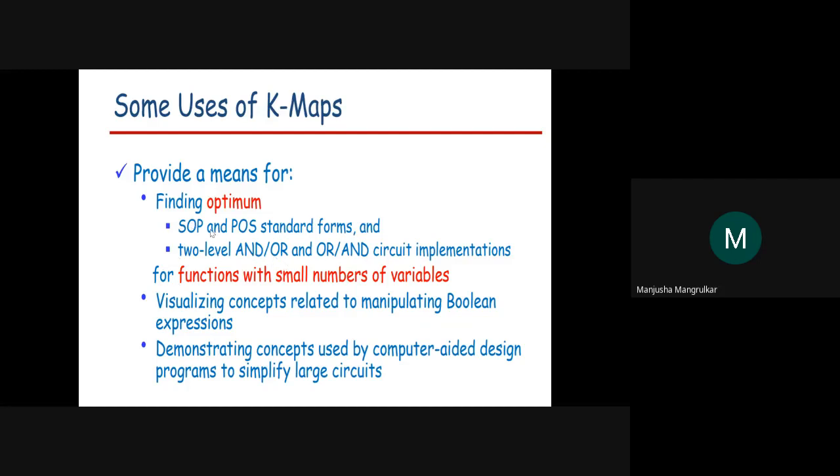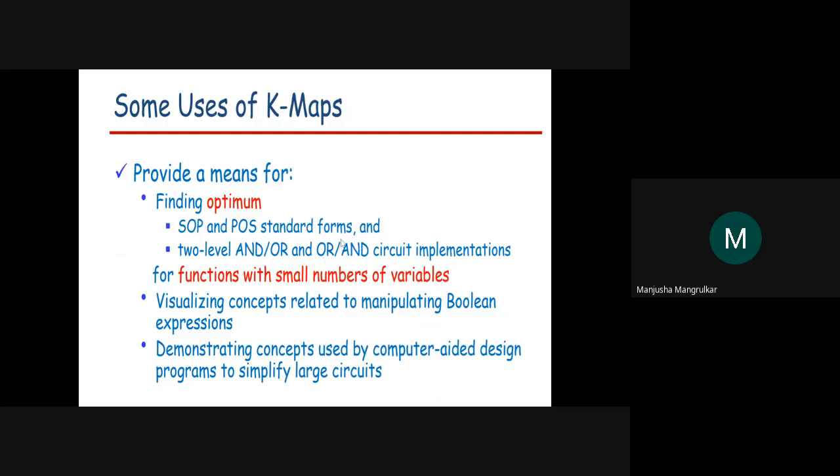Each sum of product also has two levels. First we AND the terms and then we add all the AND terms, so that is called the sum of product. And POS is product of sum. First we sum all the terms, and then all those terms are multiplied with each other.